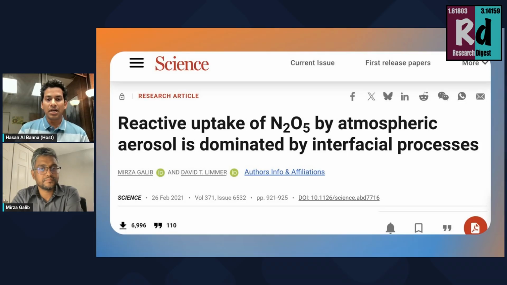The mechanism of the uptake and hydrolysis of dinitrogen pentoxide from the atmosphere was kind of difficult to verify. But in this paper, you proposed an inverse mechanism and proved it by molecular simulations. Right. So, in simple terms, please explain what you did and what your major findings were.